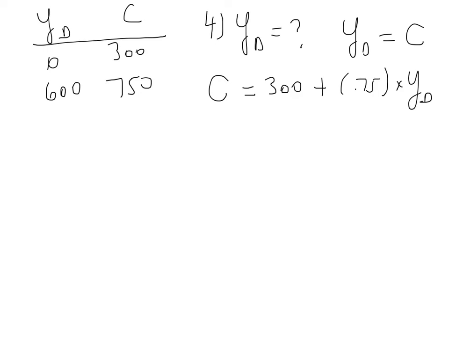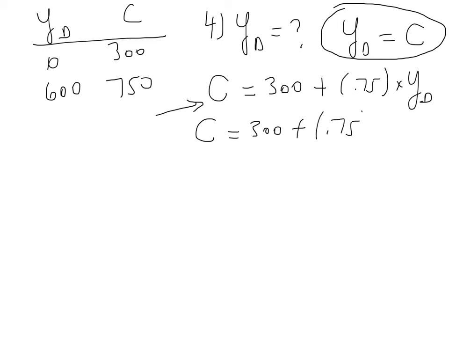I am asked to calculate how much my disposable income is to have this equality. Well, if that has to hold, then in this consumption function I can substitute C for YD, or YD for C. They have to be equal. So let's work for C. C equals 300 plus 0.75, and now I substitute C instead of YD. And then I have an equation in C that I want to solve.